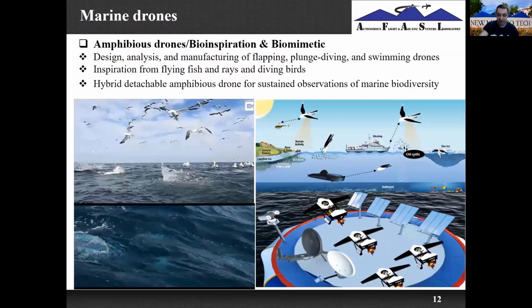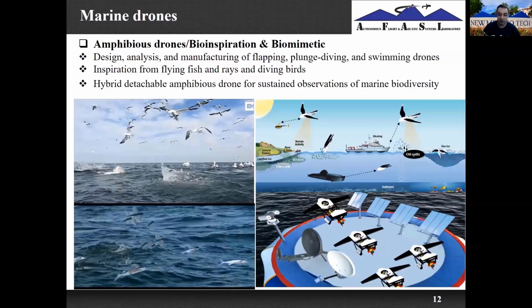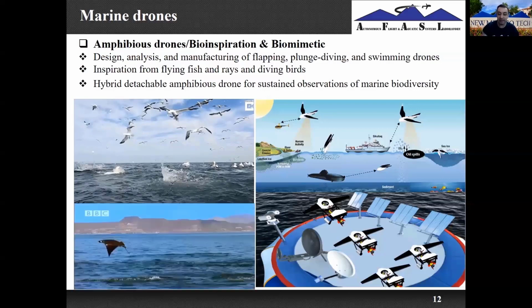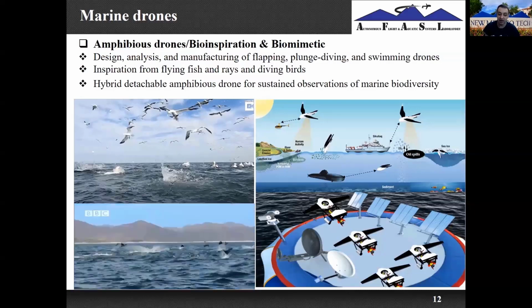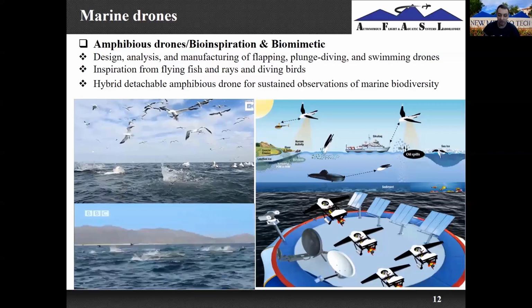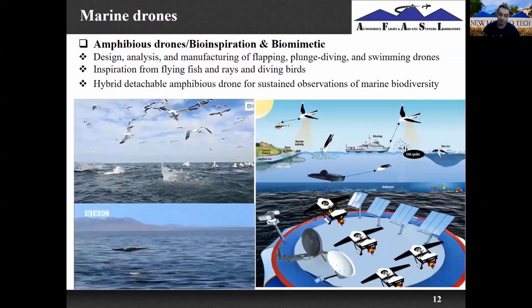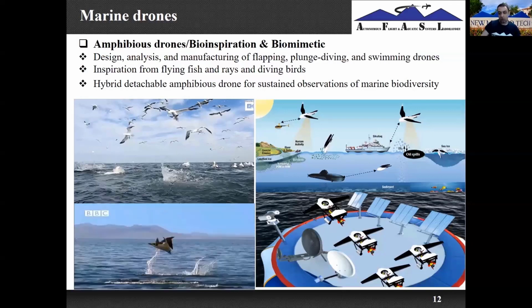There are some aquatic species that can come out of the water, fly over the water, and flap. We can see the manta rays doing the same behavior. They can fly for short distances, but they still can come out of the water and fly with flapping wings, like birds.